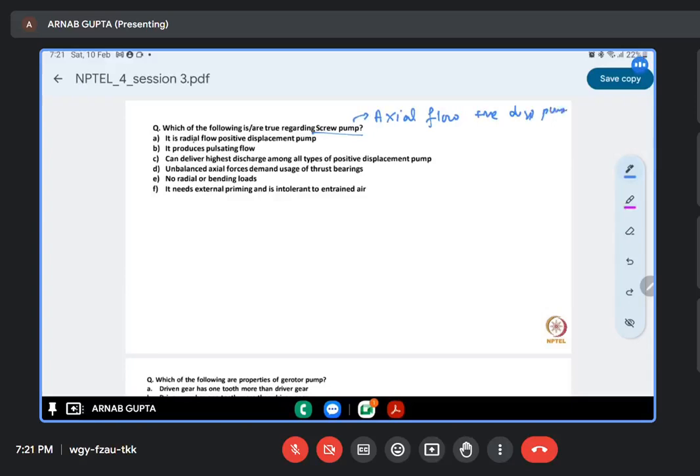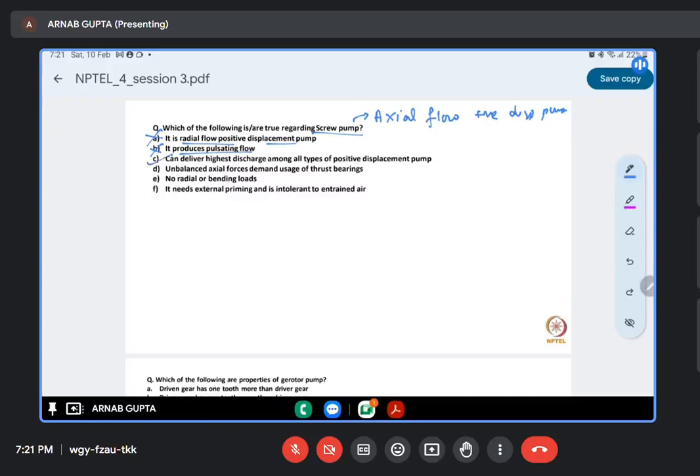The option says it's a radial flow positive displacement pump. This is not correct. It produces pulsating flow? No, it produces a continuous non-pulsating type flow. It can deliver the highest discharge among all types of positive displacement pump. Yes, this is a correct option.